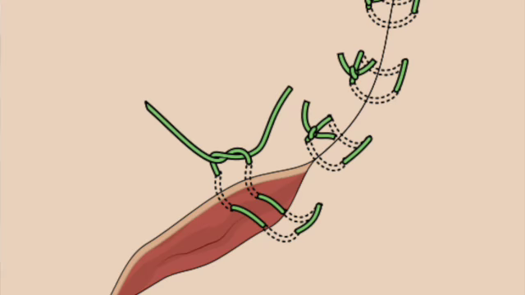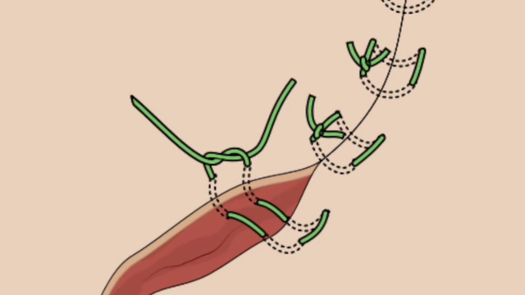We have the horizontal and the vertical mattress. When we're talking about interrupted suture pattern, the horizontal mattress suture pattern is a lot like the simple continuous. It's just a different pattern, but it's kind of used the same way. There's a chance that if the tissue is not lined up appropriately, that wound healing is going to be a little bit harder for the patient, and it's still time consuming.